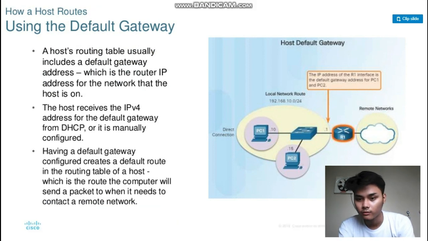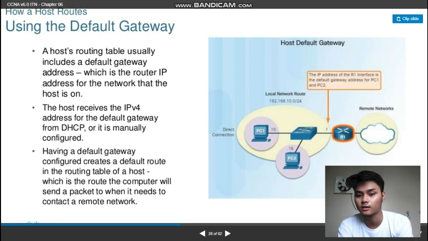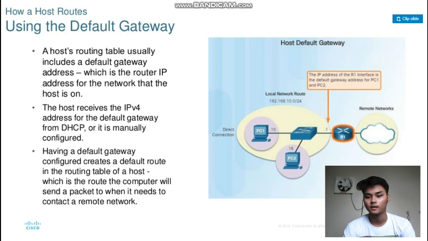The default gateway of this network is 192.168.10.1, the IP address of PC1 is 192.168.10.2, and the IP address of PC2 is 192.168.10.3.